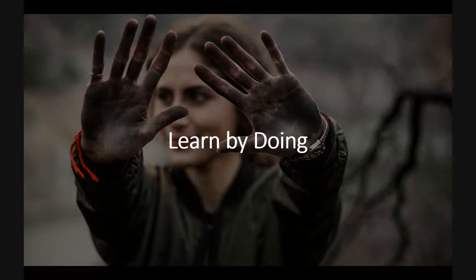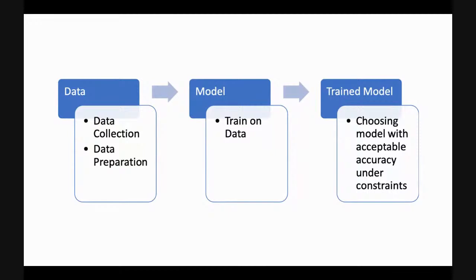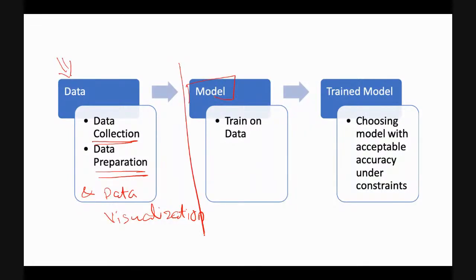When you just keep doing this, you reach a stage of ML modeling. You start from the data side. There are stages here. You have data collection, data preparation, and data visualization. Then you have ML modeling, which is a complex thing.